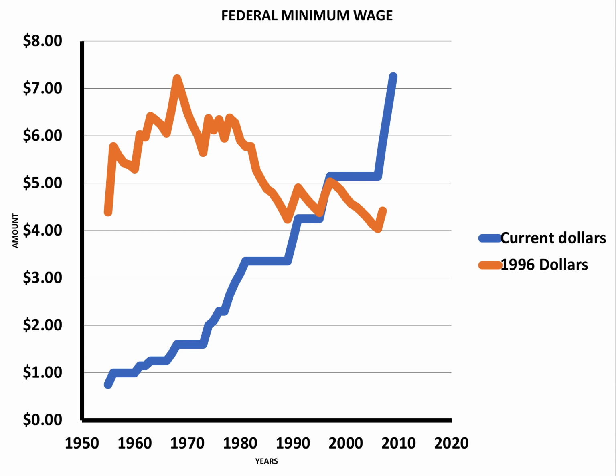However, if we adjust the minimum wage to a standard set of dollars, in this case we'll use 1996 dollars because that happened to be the amounts that I was able to get this graph for, we see that in the 1970s the minimum wage was as high as it could get, and after that the buying power of that minimum wage consistently went down. Okay? To the point that it is much lower than it was back at the start.